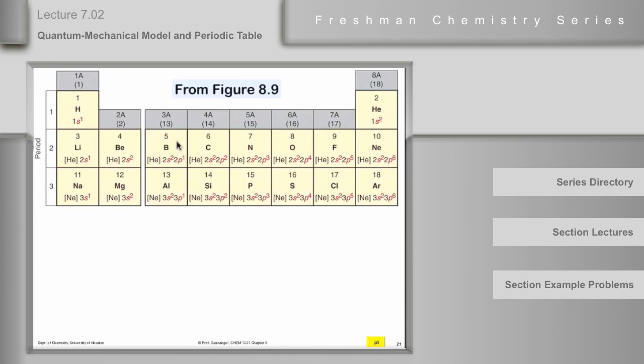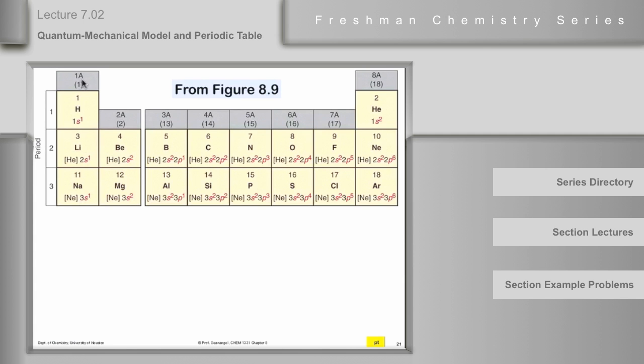We had shown via the Aufbau principle that we had a periodic table, or periodically repeating electron configurations, in the vertical groups in the periodic table. And here are the first three periods.